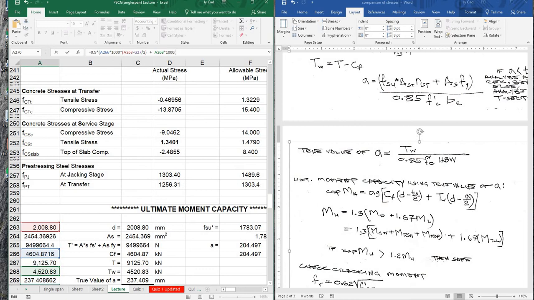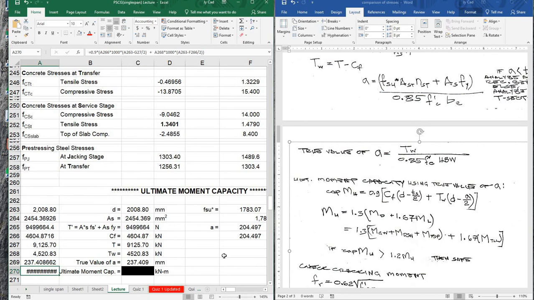And then, multiplied by the lever arm na D minus A over 2. Ang gagamitin nating A yung true value. Okay? So, D minus, ito na, 204 divided by 2 and then close. Isa pang close.